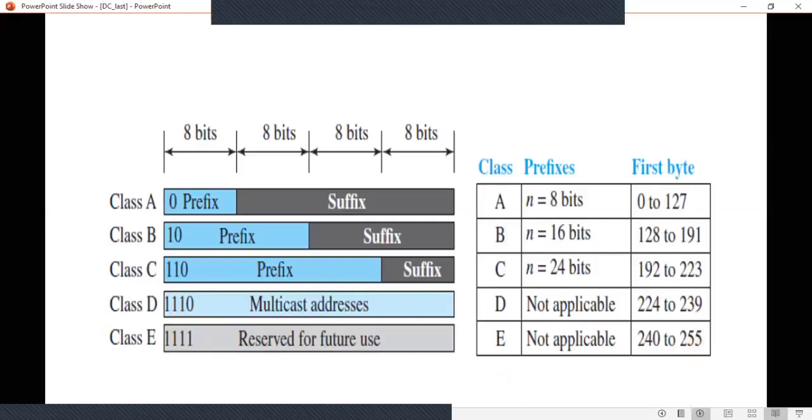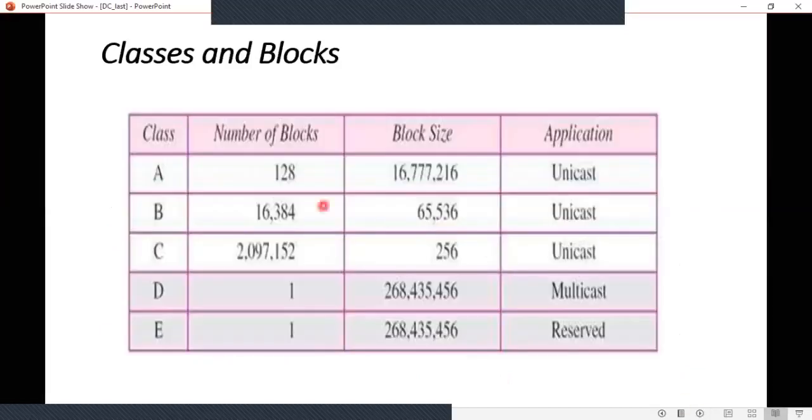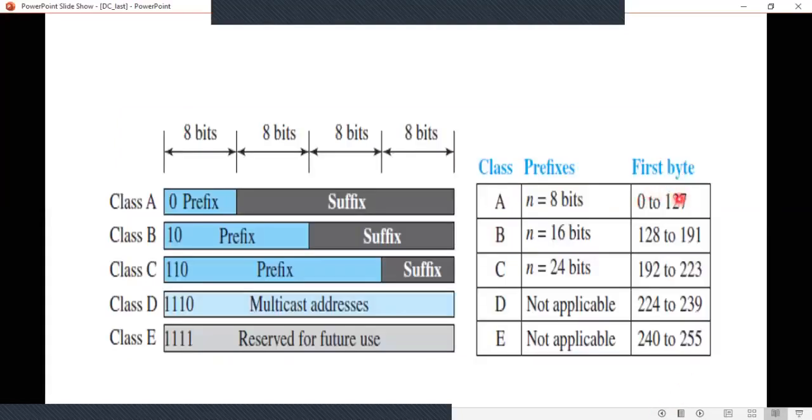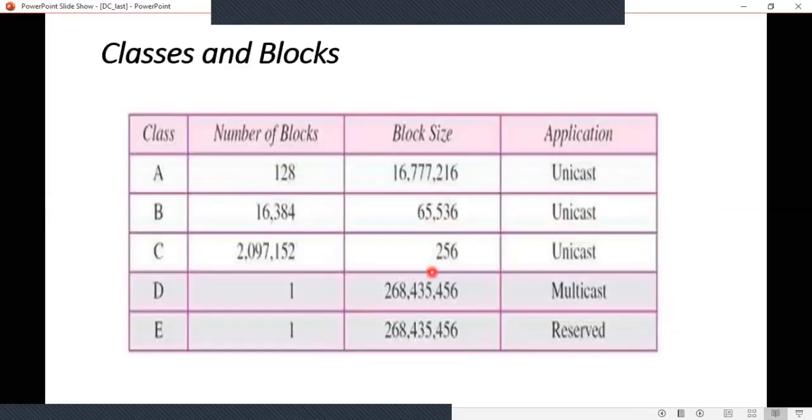In detail we will see one more table here, which represents the number of blocks and block size. See here, in class A, the number of blocks is 128 from the previous table. 0 to 127 means you can have 128 blocks. Now, if you have 128 blocks, for each block you can have this block size, that is 16 mega block size.